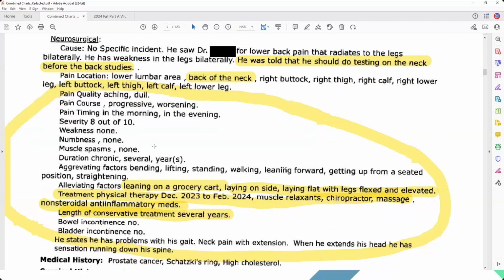And then if you start reading through this, pain quality, dull, aching, progressive, worsening, 8 out of 10, but we don't know where. We don't know if this is the neck pain, the buttock pain, the thigh pain. So this doesn't give us any indications about the neck, if there's any radiating pain from the neck, what these are all associated with.